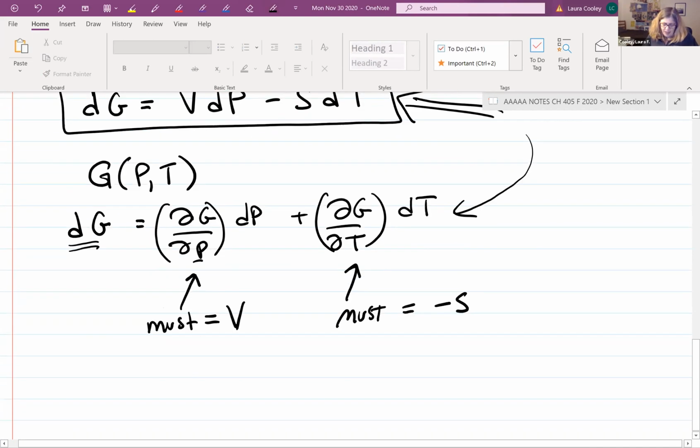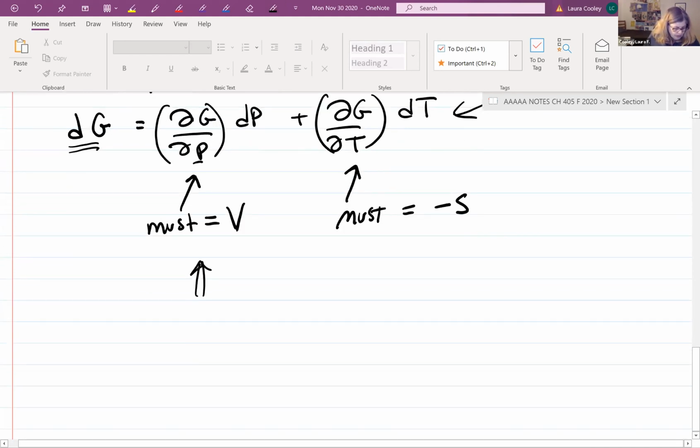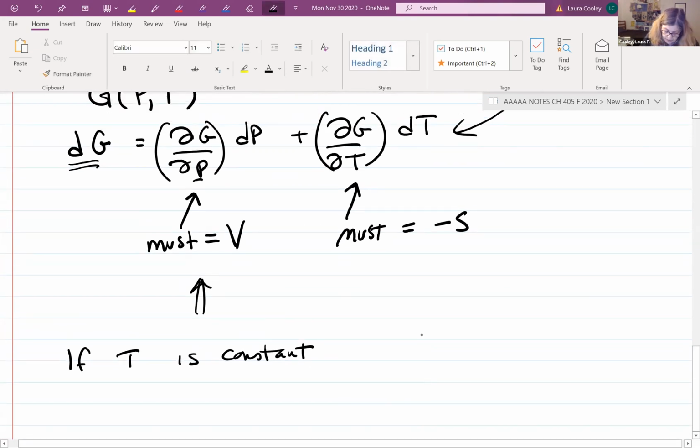So I'm going to start with looking at this term here, okay? I'm going to say that if the temperature is constant, then I know that the volume is dG/dP. Oops, I wrote it wrong.